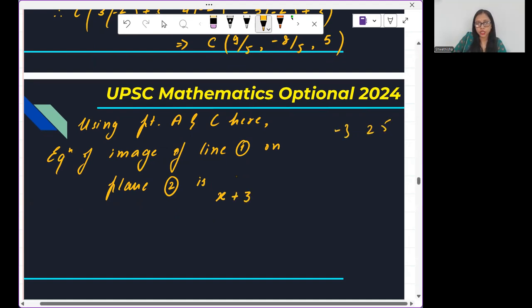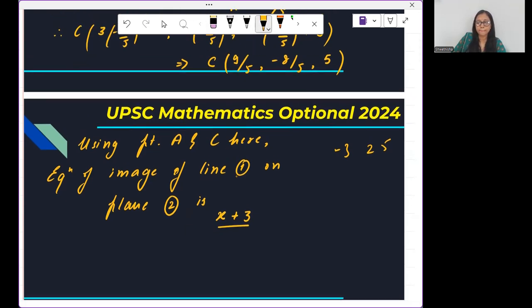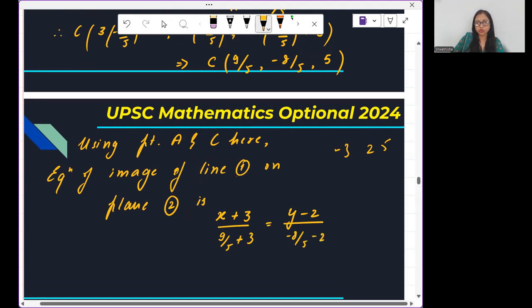So x plus 3 divided by, these are the direction ratios, would be what? 9 by 5 minus minus 3, 9 by 5 plus 3, is equals to y minus 2 divided by minus 8 by 5 minus 2 is equals to z minus 5 by 5 minus 5.